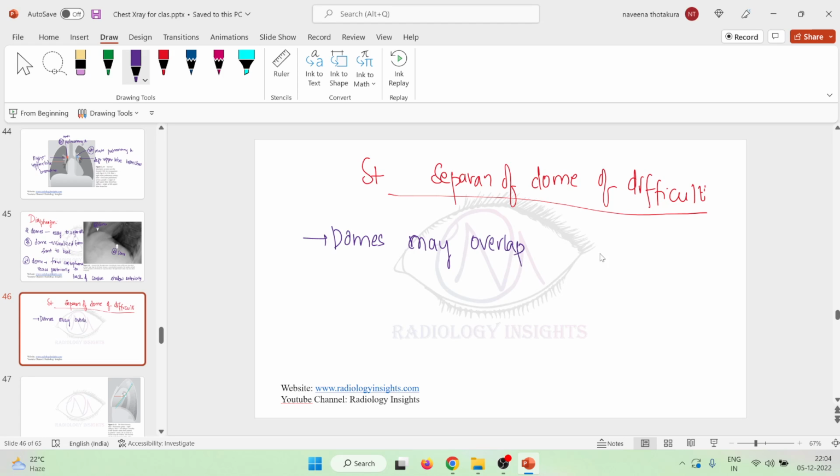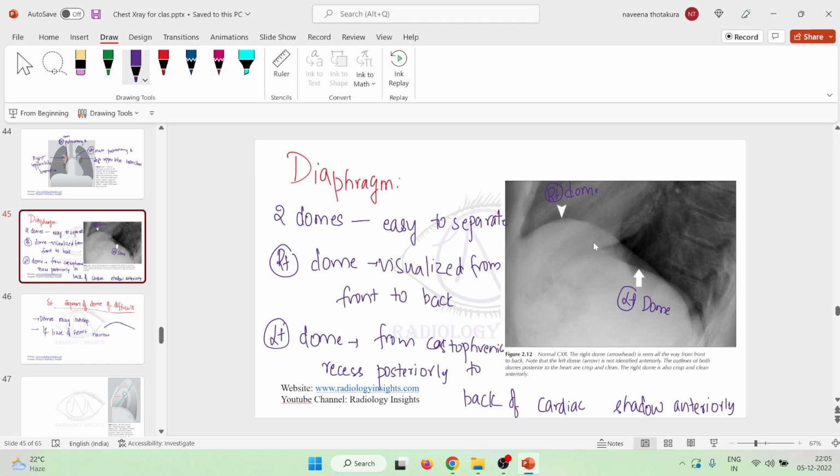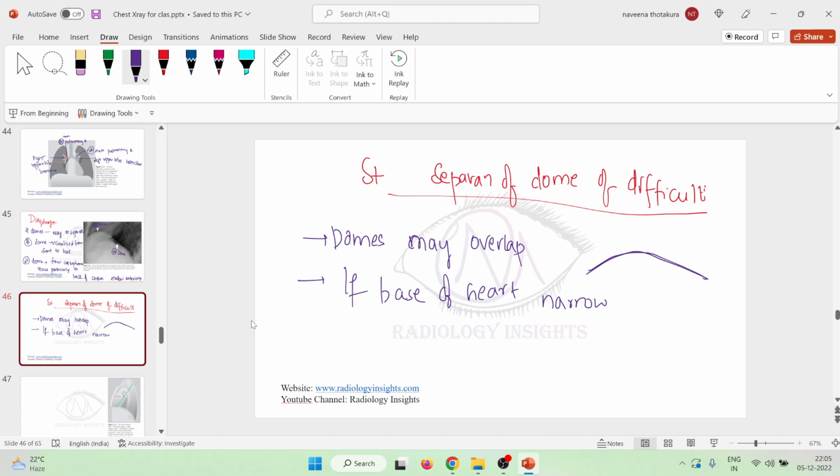Whenever the domes overlap completely, then obviously you cannot see the domes separately. Then, if the base of the heart is narrow, there is obliteration of the anterior part of the left dome by the cardiac shadow. But if the heart is narrow, then this left dome will continue like this and it may overlap with the right dome of diaphragm, thus resulting in both domes of diaphragm being seen together instead of being seen separately.